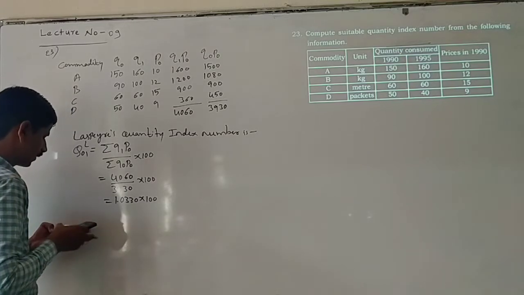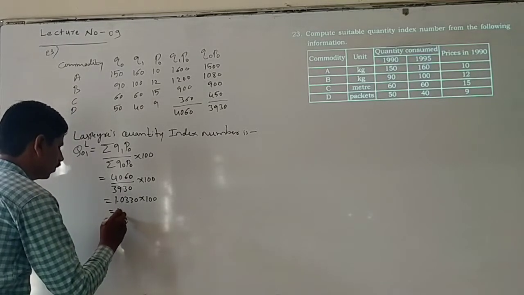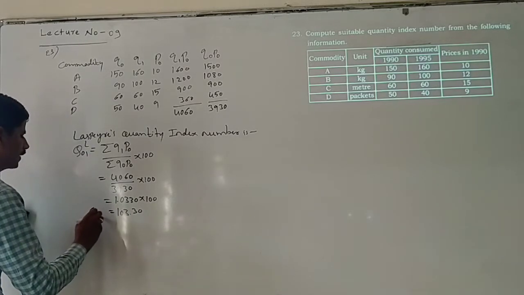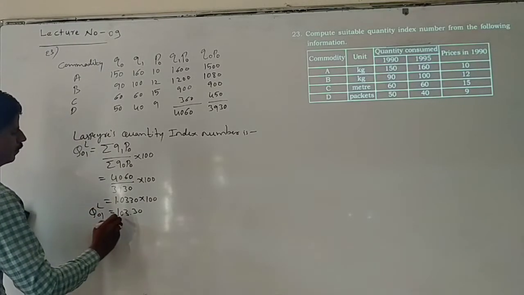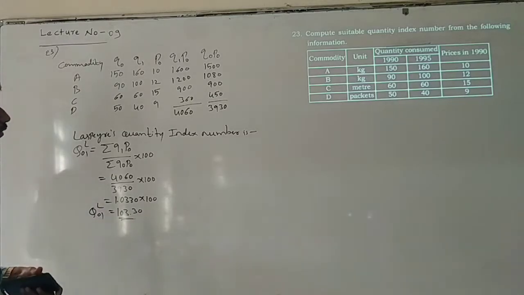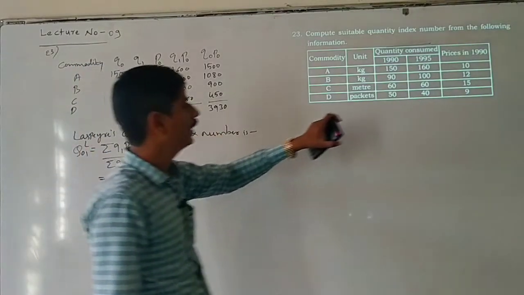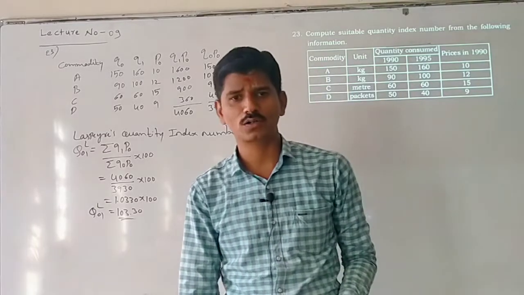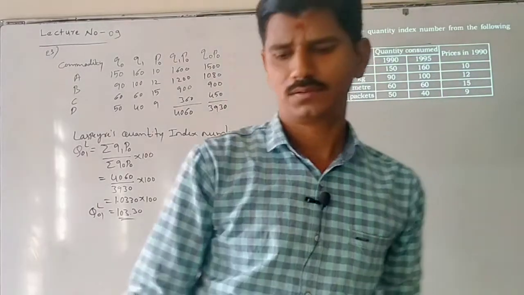Then we get 103.30. It is Laspeyres quantity index number, 103.30. Here they have given only base year price, which means we have to use Laspeyres quantity index number.